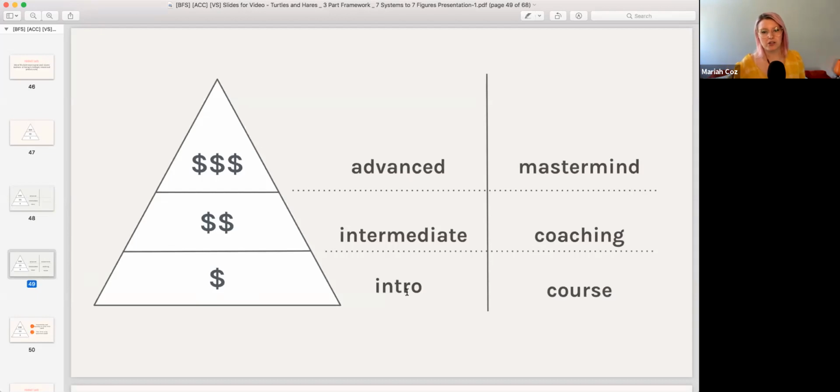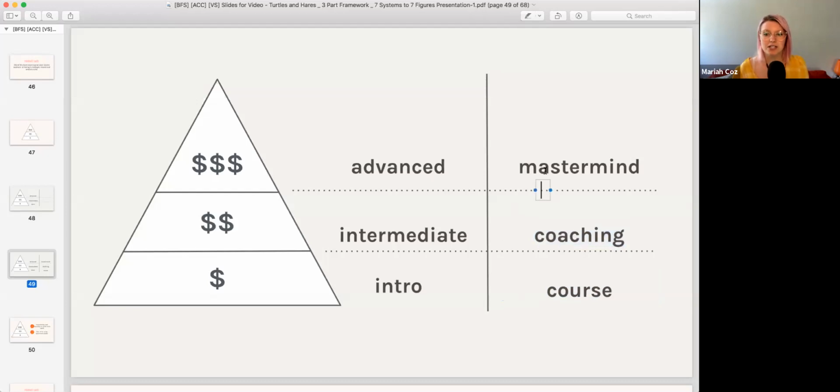The other way you can approach this as a course creator is saying, look, I just want to have one core course curriculum. You just have one course curriculum, and the difference between your tiers of pricing is in the additional support that your clients get. So you have a self-study course here, and then for the next level of investment, they can get a coaching program where they have more support from you.